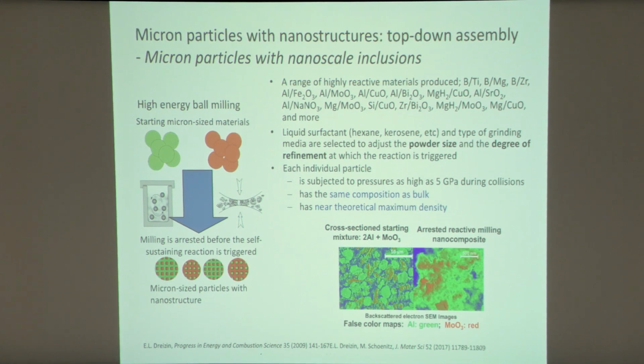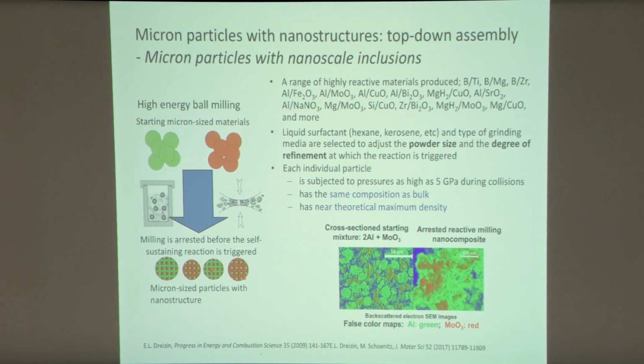At the micron size, I basically put them in with steel balls in a mixer, and I grind it so that they grind together. And eventually you end up with micron particles with internal nanostructures.